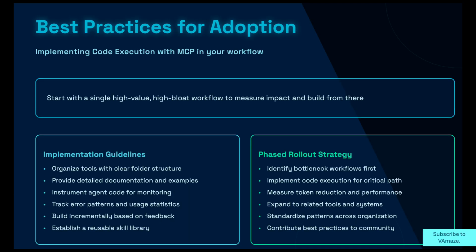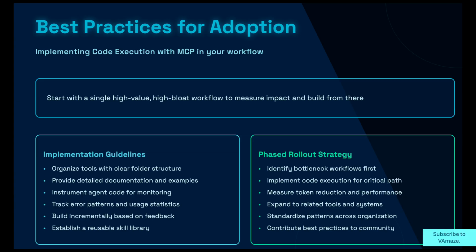Best practices. Based on our experience and community feedback, let me share some best practices for implementing code execution with MCP. First, start simple. Don't try to convert your entire agent system overnight. Pick a specific use case where you're hitting token limits or efficiency issues, implement code execution for that, and learn from the experience. Second, invest in good tool organization. A well-structured file tree with clear naming conventions and good documentation makes a huge difference in how effectively agents can discover and use tools.